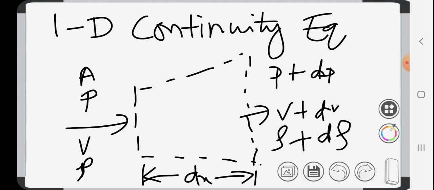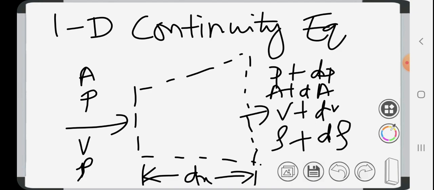The area be A at the entry, area be A plus dA. So these are the various properties at the entry and exit section of this particular differential volume. So students, please note down this figure.